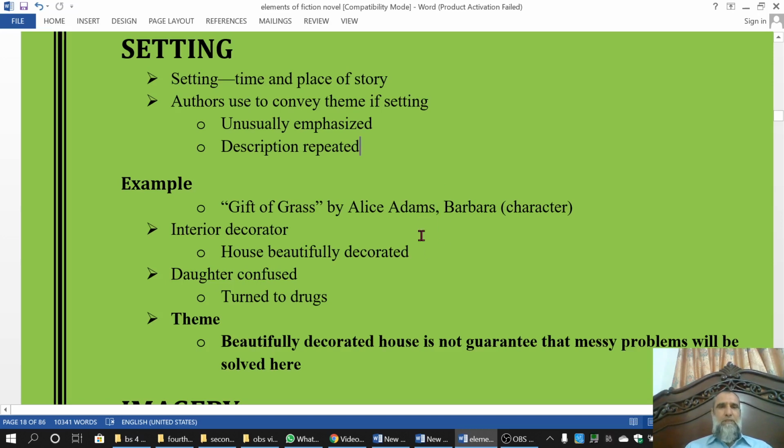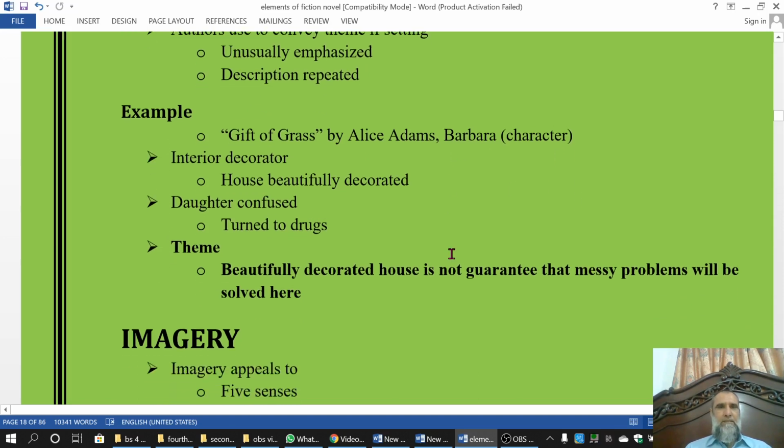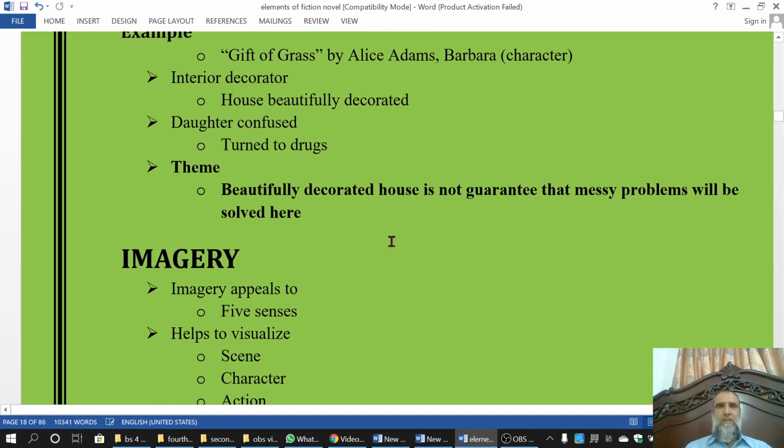For example, if we take the example of The Gift of Grass by Alice Adams, Barbara is the character. She is an interior decorator. She decorates houses. Her own house is beautifully decorated, but her daughter is confused and she turns to drugs.